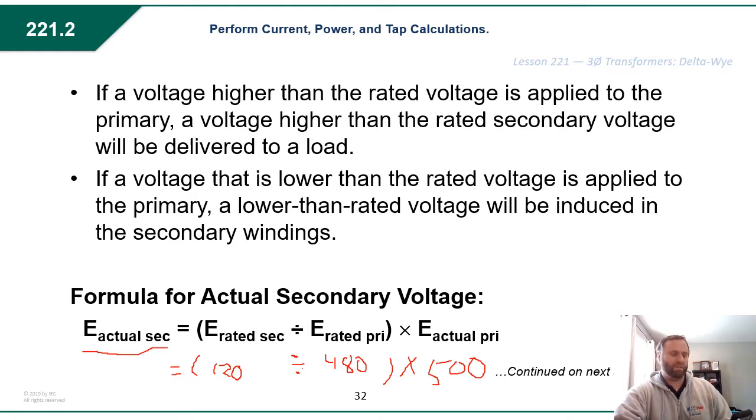I'll do that right now, which would give me 0.25. Then I multiply that by 500, which would give me an actual secondary of 125. Instead of the 120 I was expecting, I ended up with 125 because I had a higher than rated input or primary into this transformer. You will see questions like that on the quiz or the test.